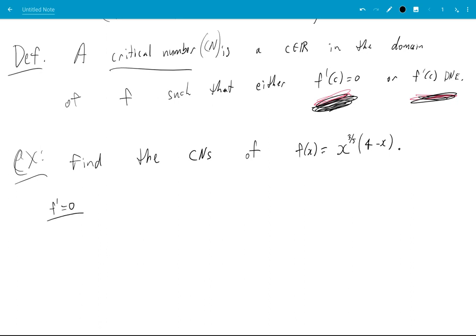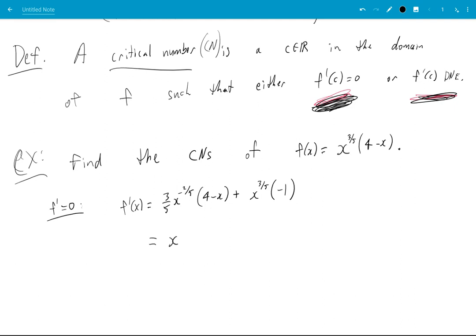F prime equals 0. Well, what is f prime? F prime of x is equal to, product rule, 3/5 x to the minus 2/5 times (4 minus x), plus f g prime, and then minus 1. Right? And then solve by factoring.